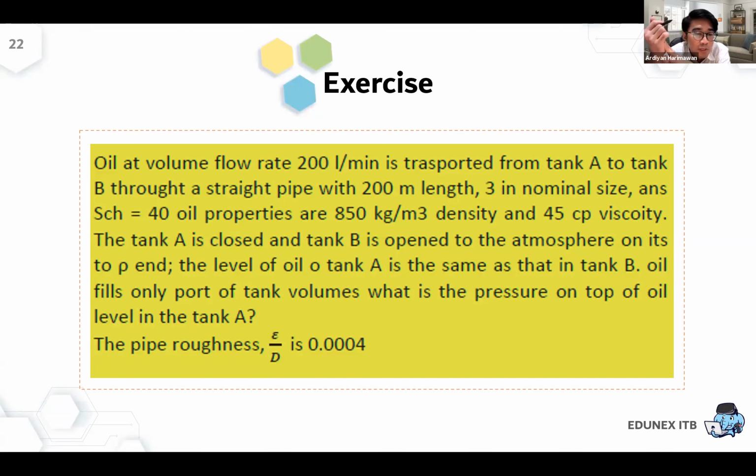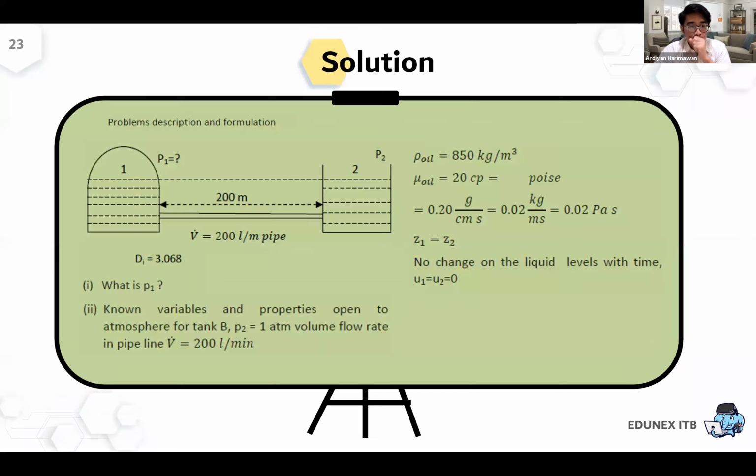Tank A is closed and tank B is open to the atmosphere. The level of oil in tank A is the same as in tank B. Oil fills only part of the tank volumes. What will be the pressure of the oil at tank A?